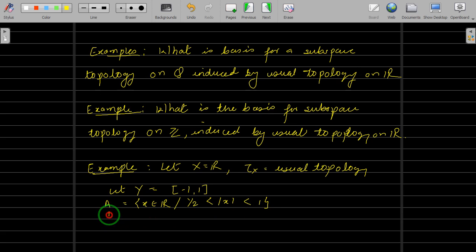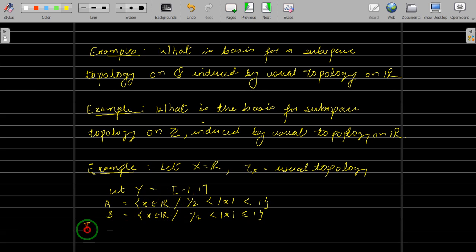Let us take B to be the set of all x belonging to R such that half is less than mod x, and now I will include 1 also. Here that 1 is not included, but now we are including 1. So first identify these sets on the real line, because we are dealing with real numbers. Draw the line and mark A and B on it.